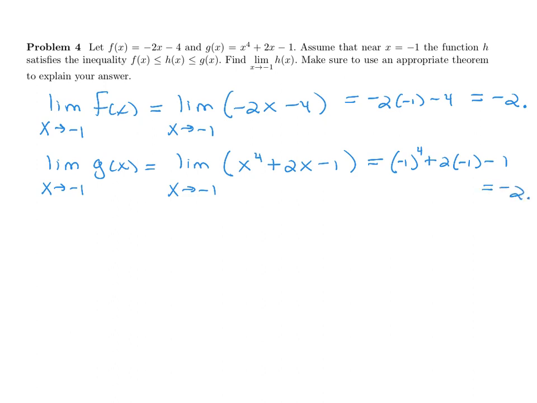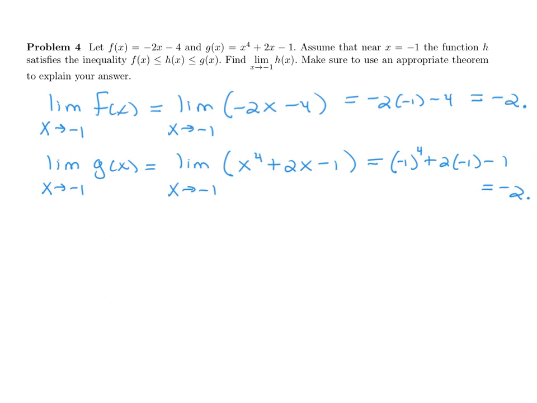So we now have that f approaches -2 and g approaches -2. So this is going to -2, and this is going to -2 as we approach -1. Since h is always between these two functions as we're near -1, that means this limit has to be equal to -2 as well. This only works because these two numbers are the same.